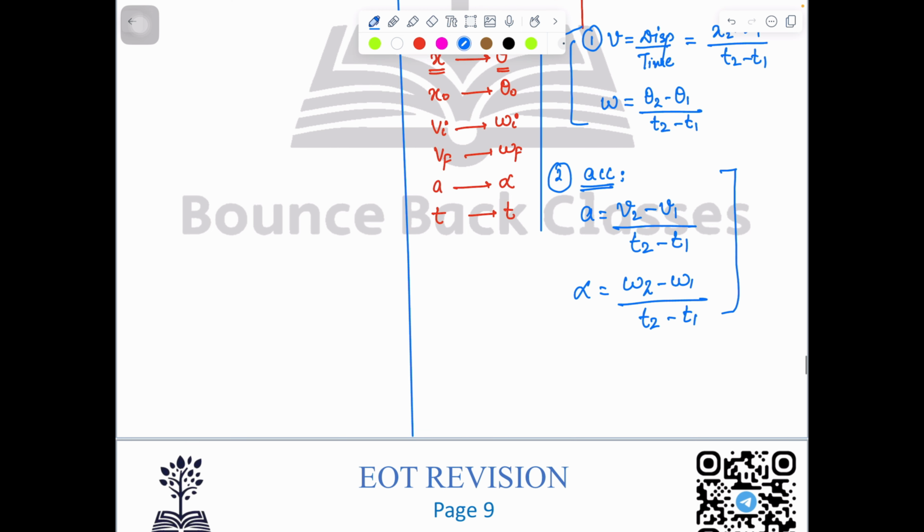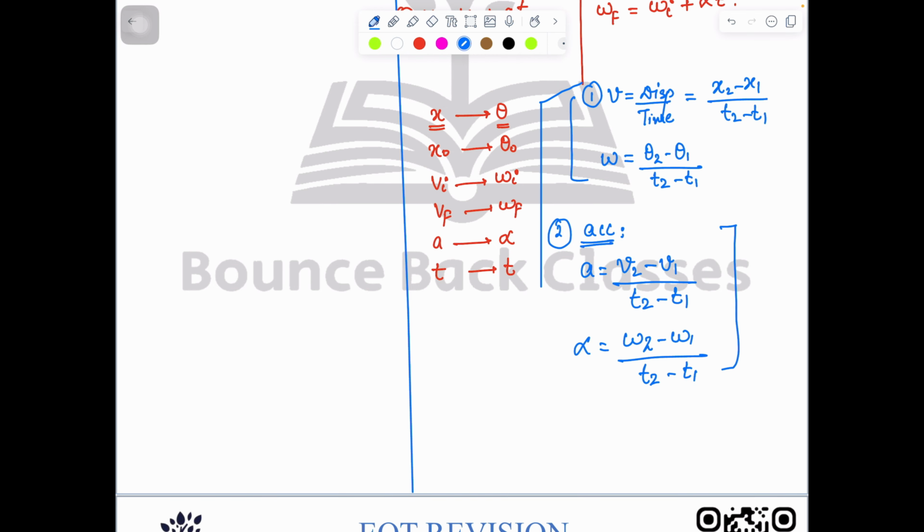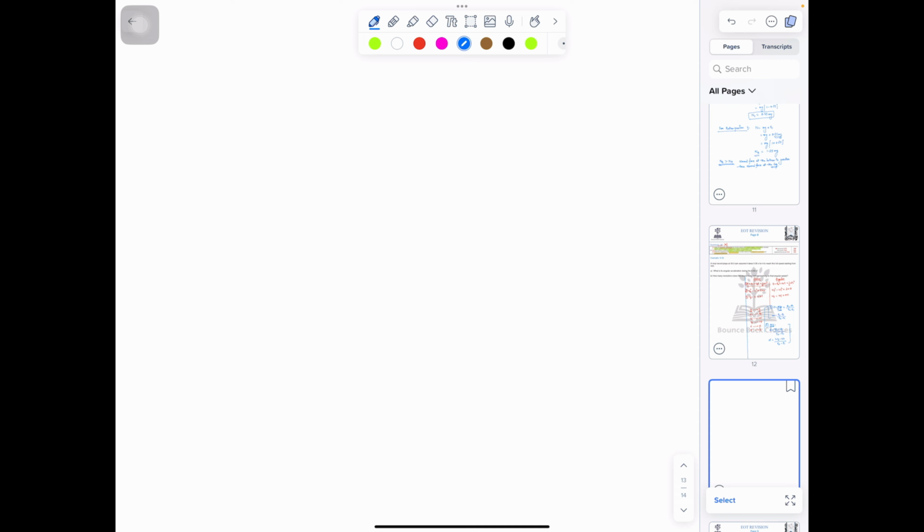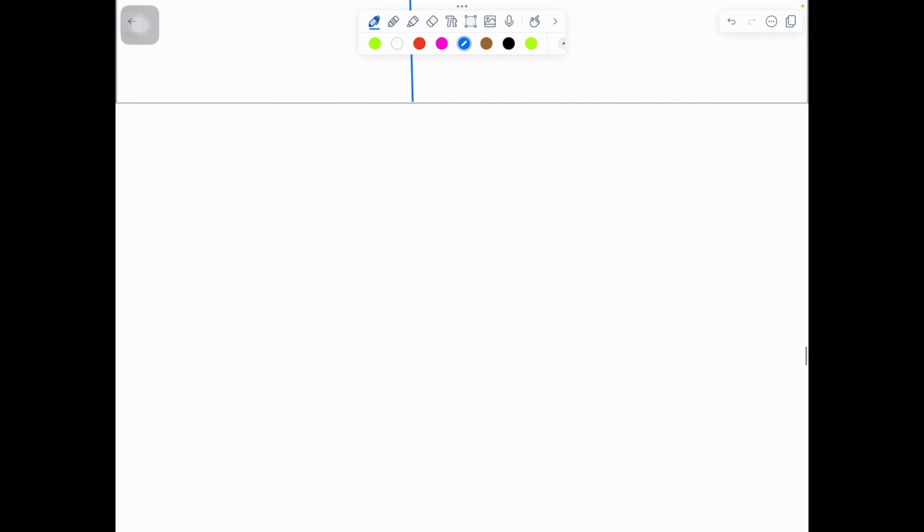Now the major thing. I'm going to add a page here so that you can understand in a good way. The major problem which lots of students identify is the relationship between revolution and radian, and how to solve them.